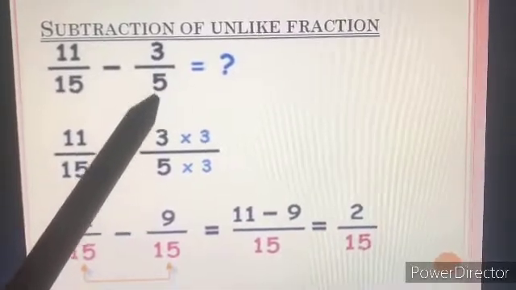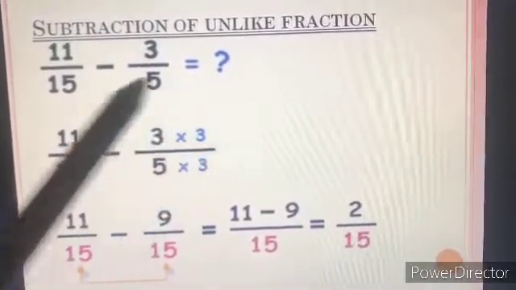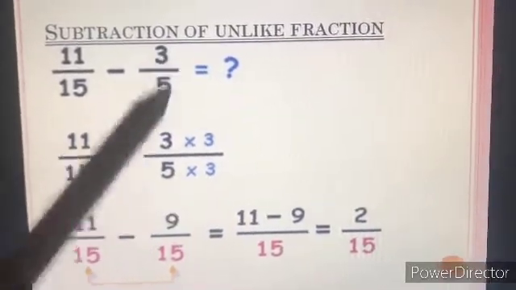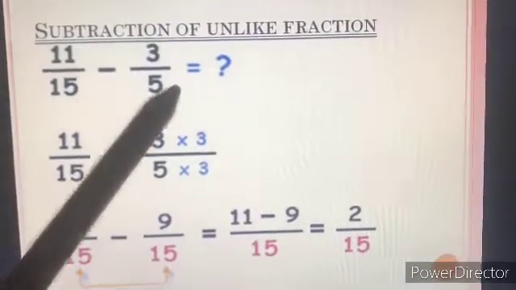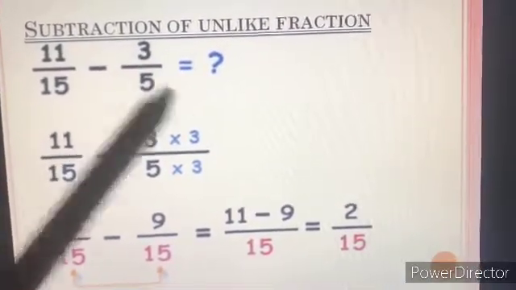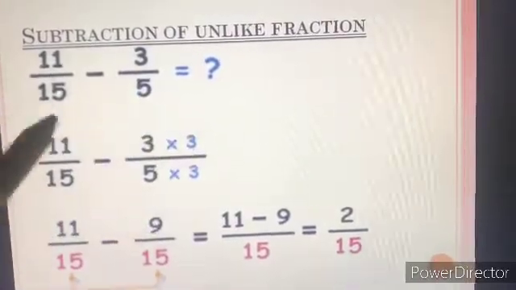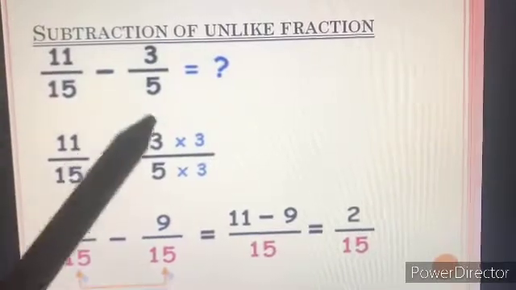So I will only go up till that point. 5 multiplied by 3 is 15. So I will not change this. I will first check the table of 5. I checked 5 multiplied by 3 will be 15. So with 3 I will multiply my numerator.